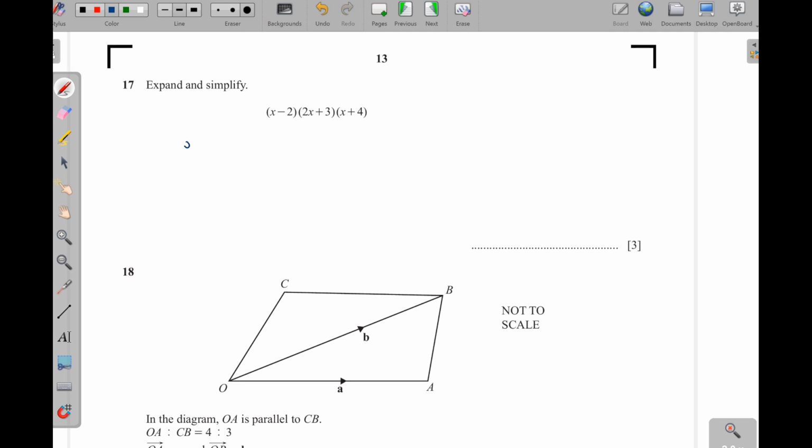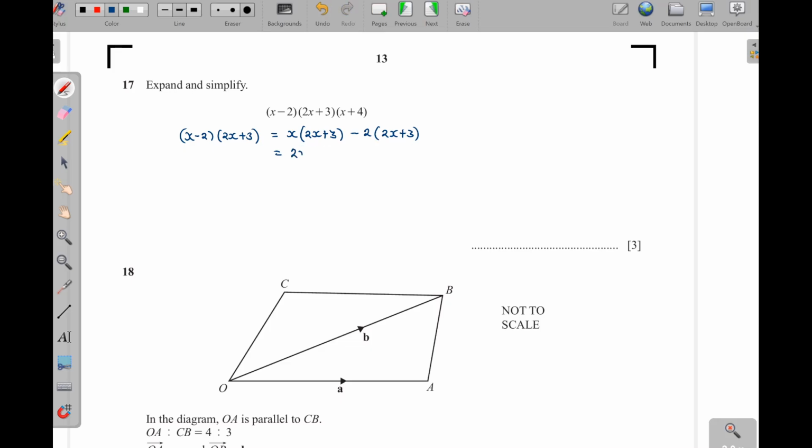So we have x minus 2, then times 2x plus 3. So whatever is in the first bracket has to multiply with whatever is in the second bracket. So minus a 2, then times 2x plus 3. And so, now let's multiply.